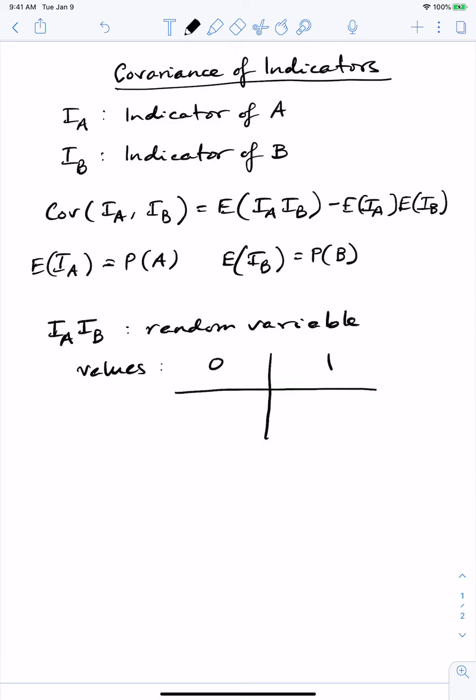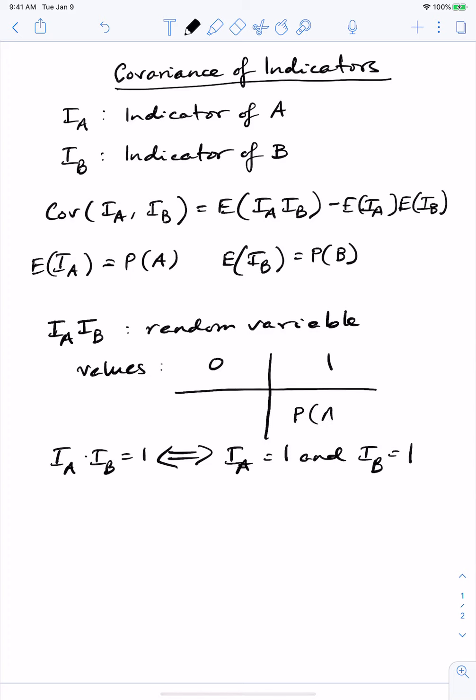And it's a function of indicator of A and indicator of B. Both of those have values zeros and ones. When is the product equal to 1? When both are equal to 1. So the product is equal to 1 if and only if both are equal to 1, which means that the product is equal to 1 if and only if the intersection has happened.